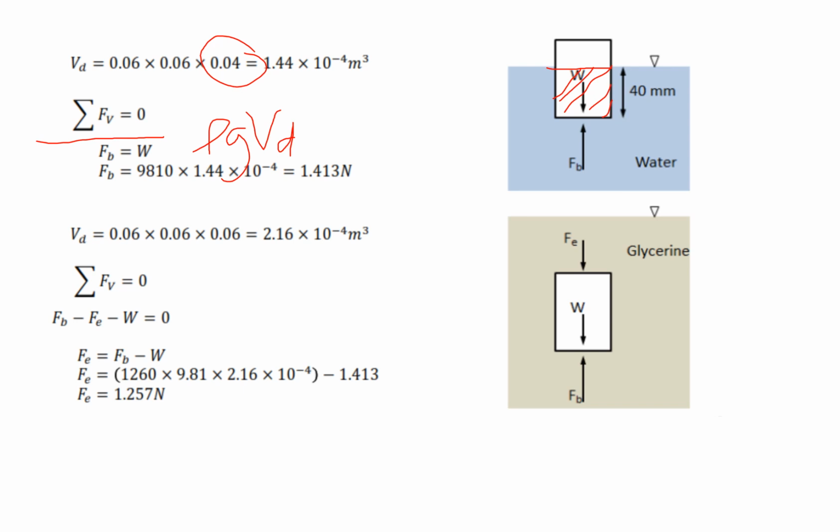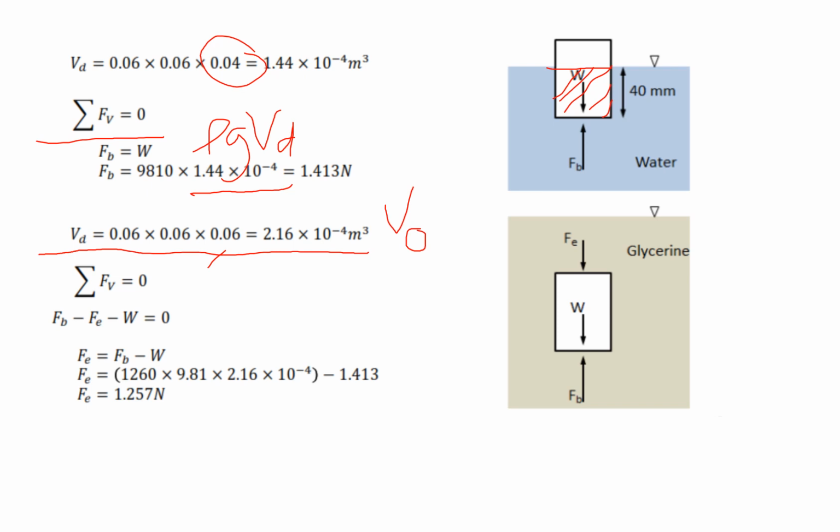Okay, then we use the Vd from here. We get the buoyant force is 1.413 Newton, and then we can know the weight of the whole object using the height of 0.06.